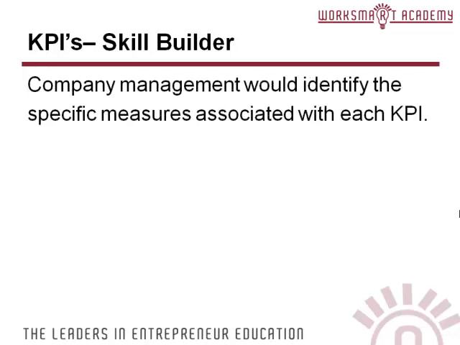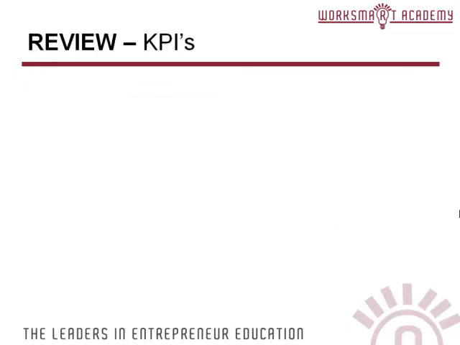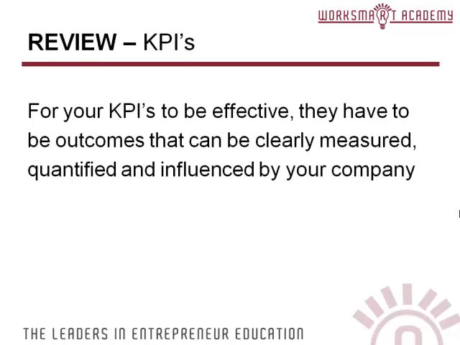Company management would now identify the specific measures associated with each of these KPIs. They would then identify the current status, the benchmarks, and their targets for each of these KPIs and rigorously monitor each of them. Now let's review. For your KPIs to be effective, they have to be outcomes that can be clearly measured, quantified, and influenced by your company.